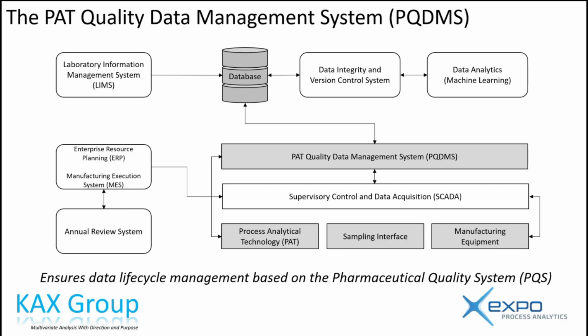Now, hopefully I don't need to teach that, like that's already known in this room. Okay. Your PAT quality data management system, that's where we come in. That's the modeling, the advanced process control decisions that feed down into that system. And that system says, okay, here's my result. I need to do something. And then in real time, you can see whether your change has made a real effect or it's made the process worse.